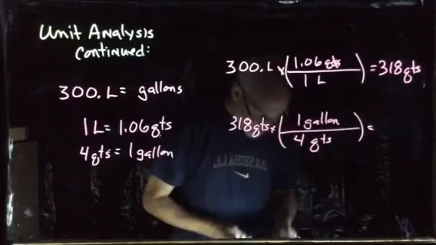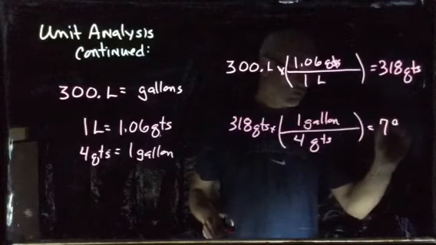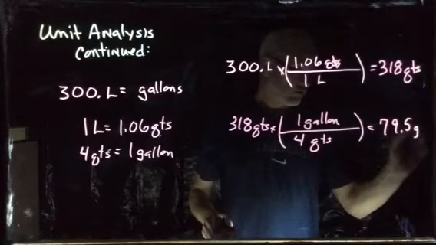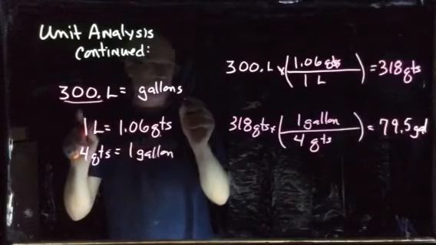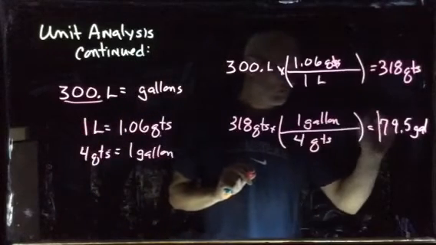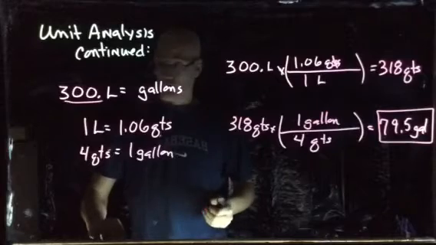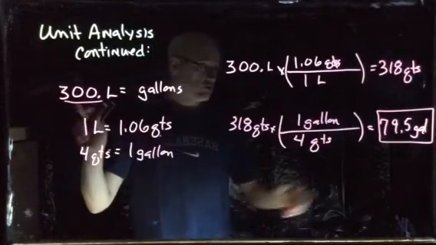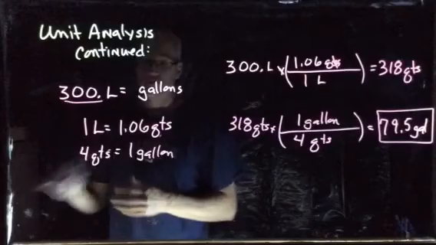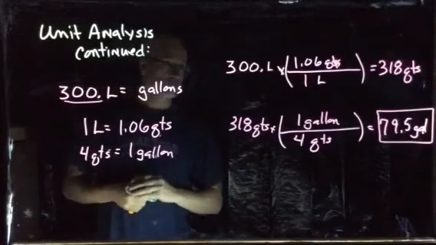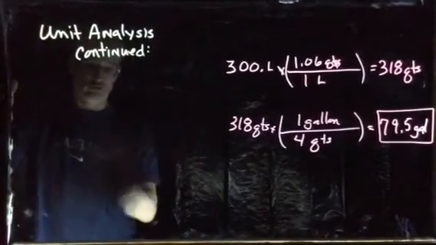And I get 79.5 gallons. Go back to the original problem. We have 3 sig figs. I have this expressed in 3 sig figs. So 300 liters is equivalent to 79.5 gallons. Let you work through that.